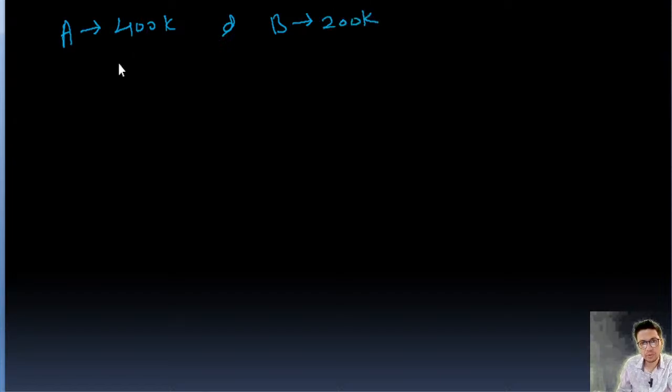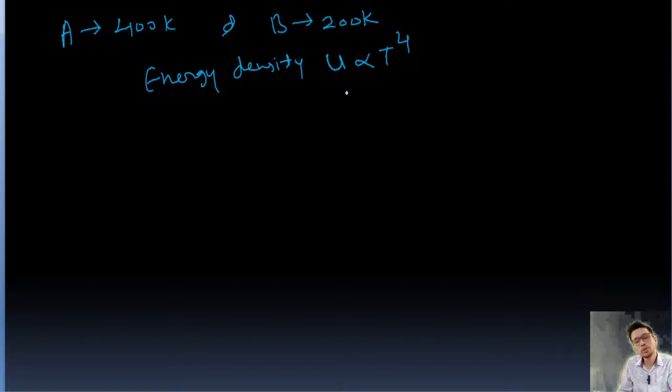And here we know this relation, guys, and that is energy density U is proportional to T to the power 4, right? That we know, by Stefan's law. This is what we know.